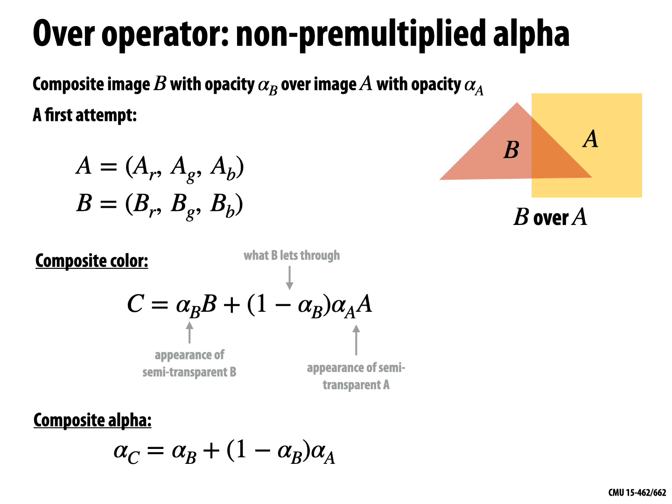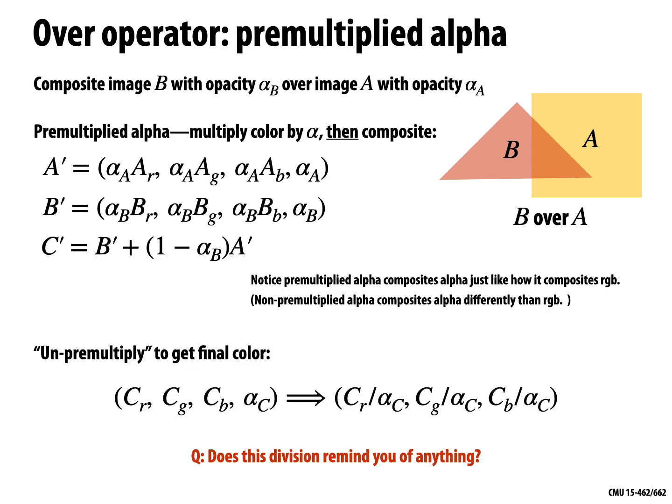So the alternative is to use something called premultiplied alpha. We want to do the same composition operation, but we're going to do it in a slightly different way. So rather than working with the color values directly, we're going to multiply or pre-multiply those color values by the alpha value.